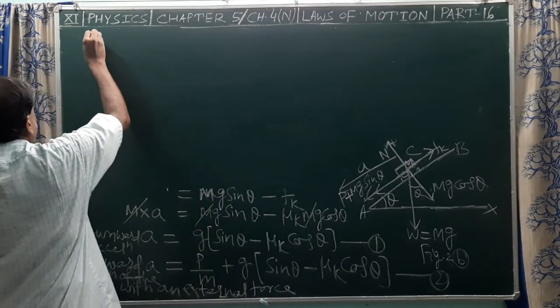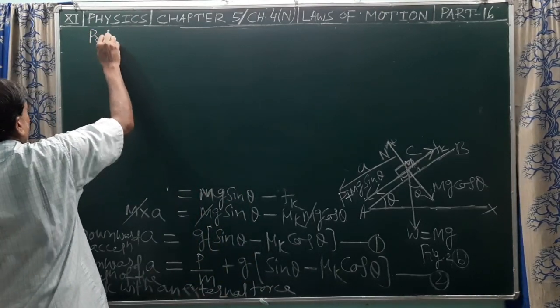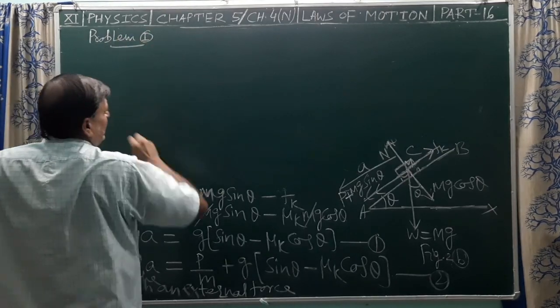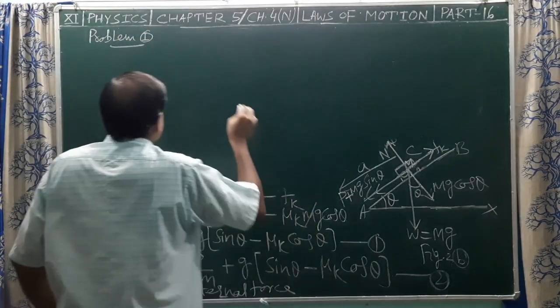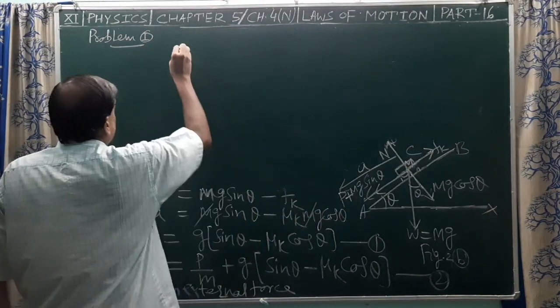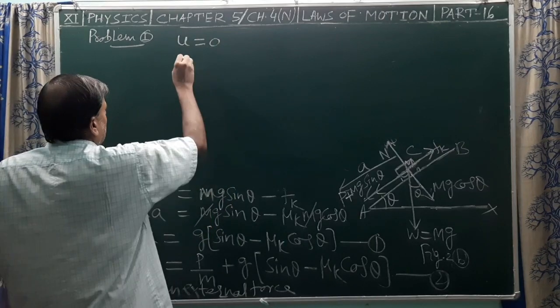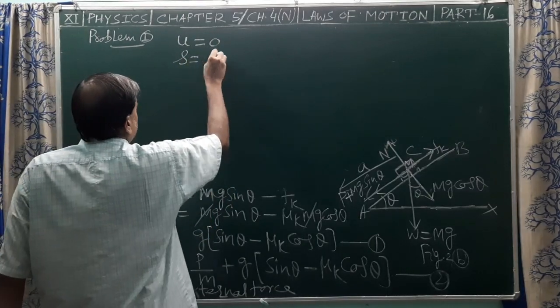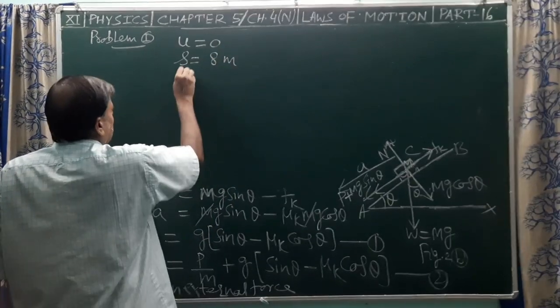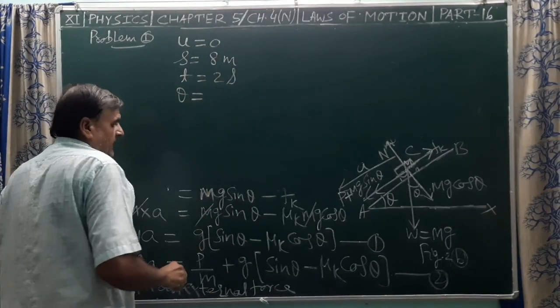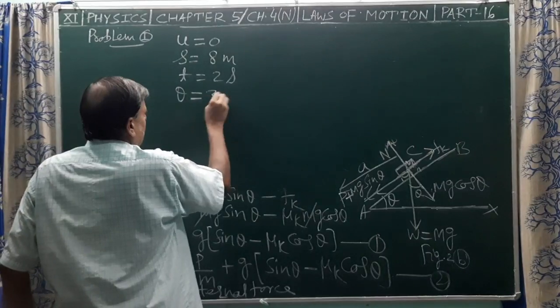So in this problem, based on downward acceleration of the block, the block slides down over a rough inclined plane from rest, that is initial velocity is equal to 0, and distance covered by the block S is 8 meter in first 2 seconds. That is, time is also given, 2 seconds. And inclination of the rough inclined plane with the horizontal is 30 degree.